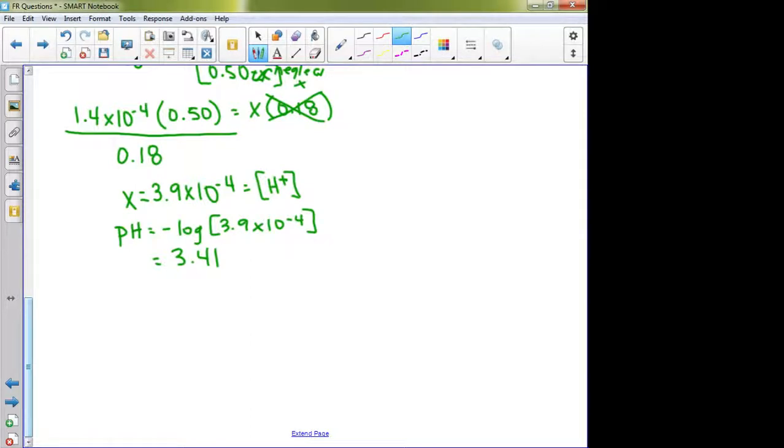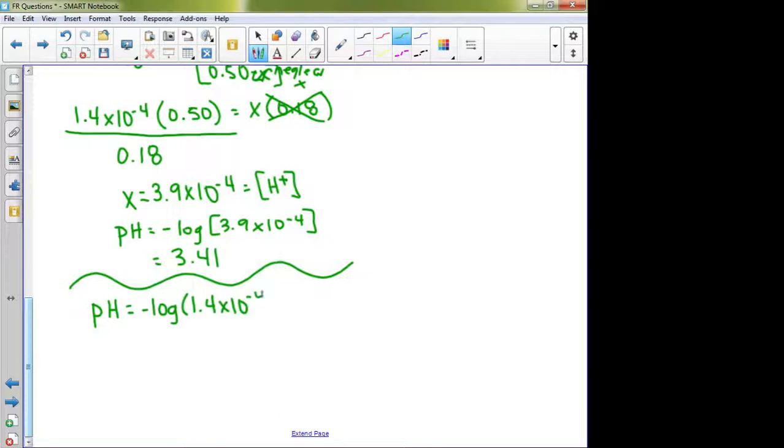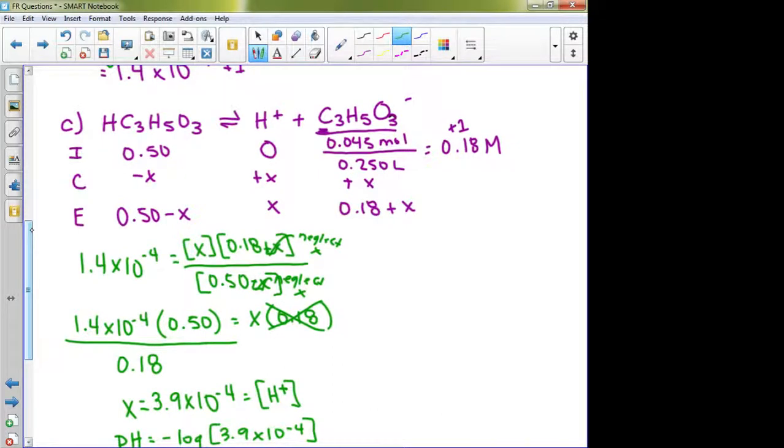So I could have set this up as pH is equal to, what's pKa? That's also the opposite of the log of what? My Ka value, which is 1.4 times 10 to the negative 4, plus the log of the concentration of, see where that says A minus? What's my A minus in this equation? That C3H5O3 negative, right?